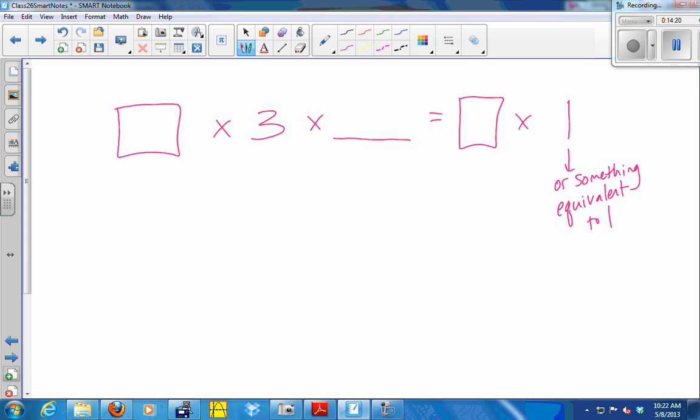Is 9 equivalent to 1 in mod 26 arithmetic? So I need this to be 1. So 3 times 12 is 36, right? Is 36 equivalent to 1 in modular arithmetic?